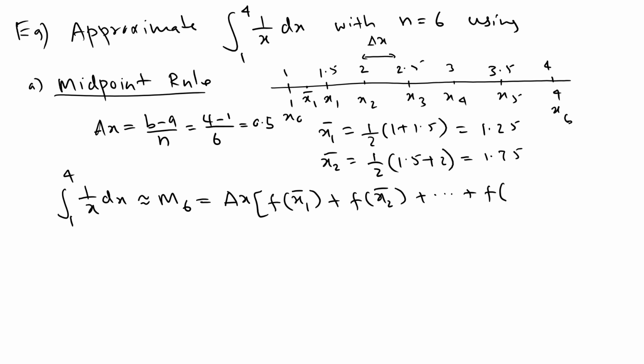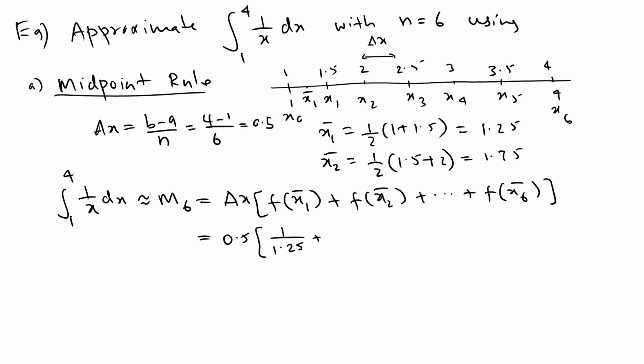The last one is f of x6 bar. So let's plug that in. Delta x in this case is 0.5, and then we plug into the function. So it is 1 over 1.25. That's the first midpoint.